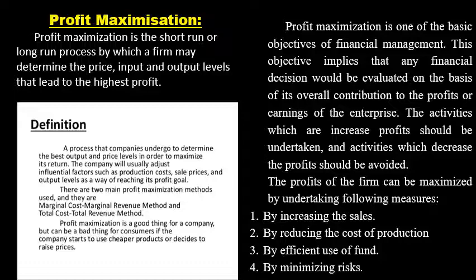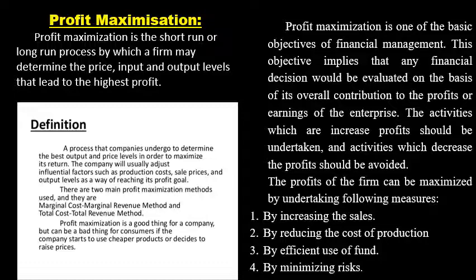There are two main profit maximization methods, meaning how the company can maximize the profit, or the measures taken by the company to increase their profit. They are the marginal cost less marginal revenue method or the total cost less total revenue method.